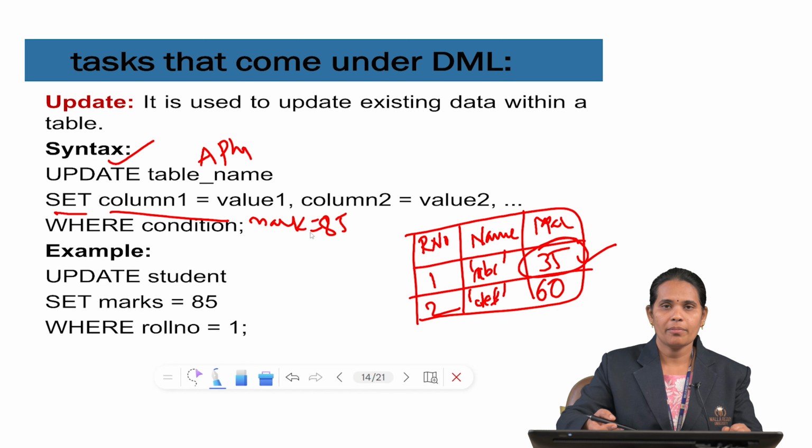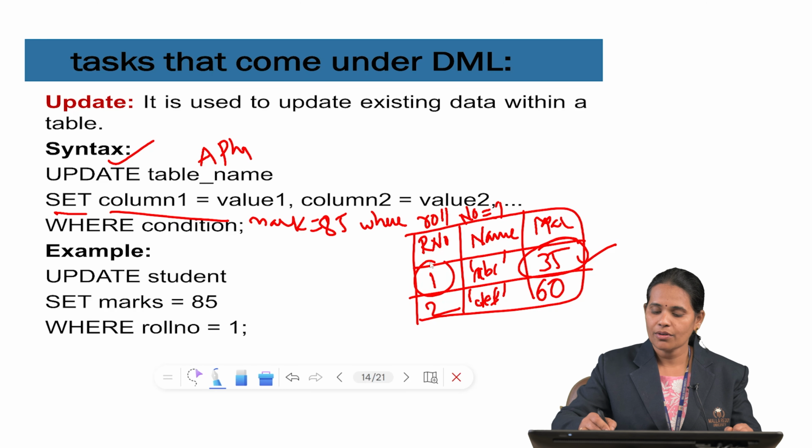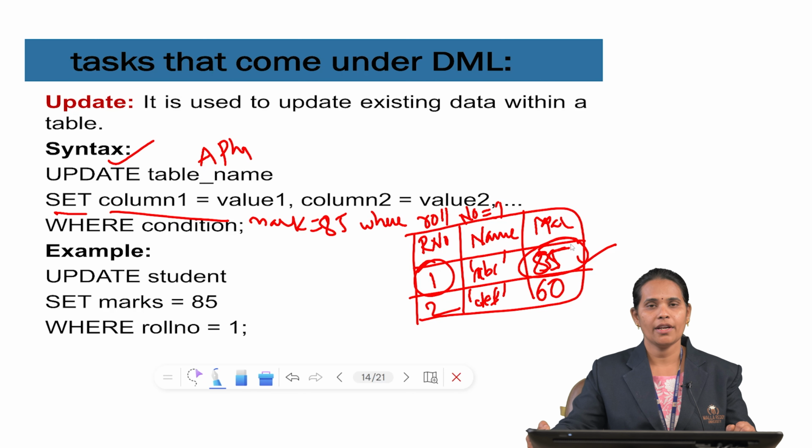Here I need to update marks. Marks is an integer, so no need to apply single quotes. Then we need to give the condition where roll number is equal to 1. So where the roll number is equal to 1, there I need to update the marks from 35 to 85. In this way, by using the update command, we update the existing data within a table.